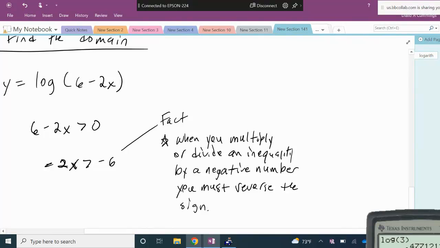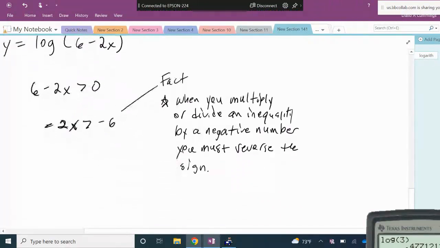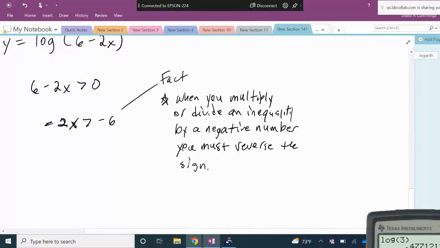Okay. So whenever you multiply or divide an inequality by a negative number, you must reverse the sign. So in this case, we want to divide both sides by -2. So I'm dividing by a negative, so the first thing I'm going to do is reverse the sign.